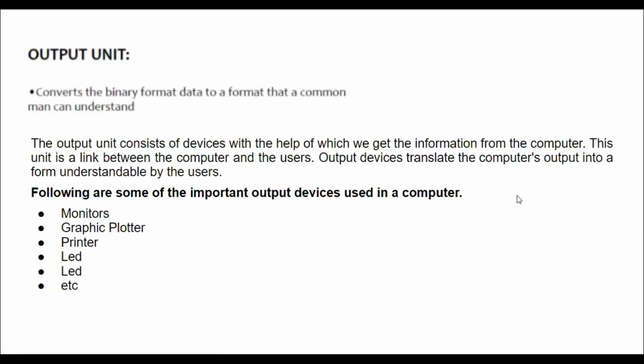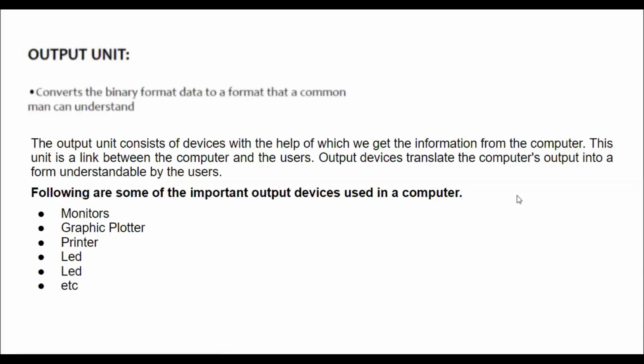Output devices translate the computer's output into a form understandable by the users. So after processing of data, it is converted into a format which humans can understand. So after conversion, the output unit displays this data to users.